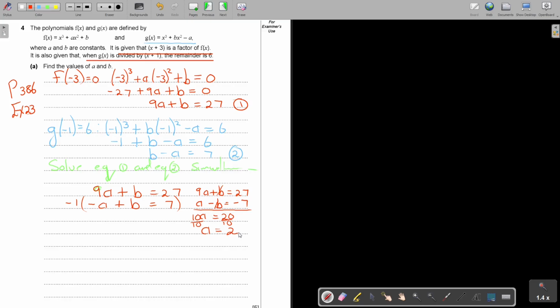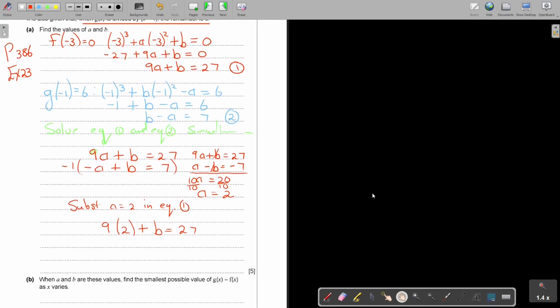Now I'm just going to substitute a equals 2 in equation 1. So I'm going to have 9 times 2 plus b equals 27. I think equation 2 had easier values, but it doesn't matter.